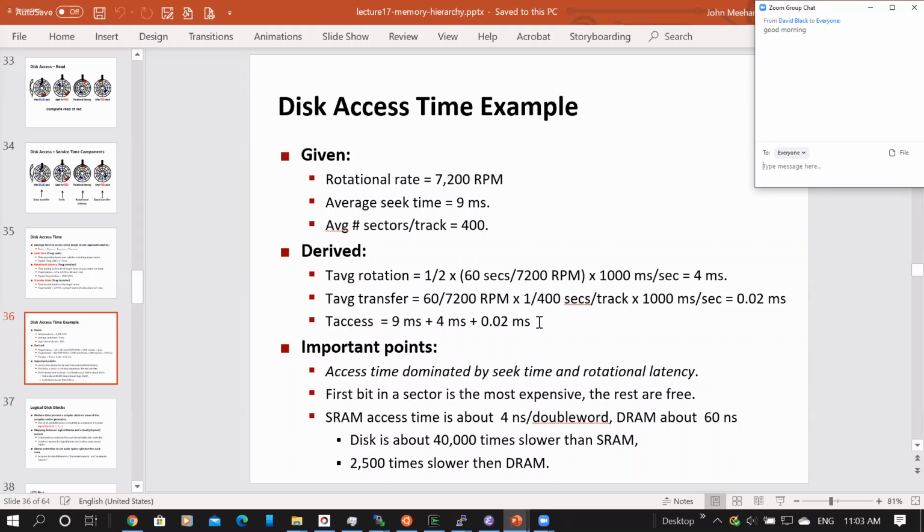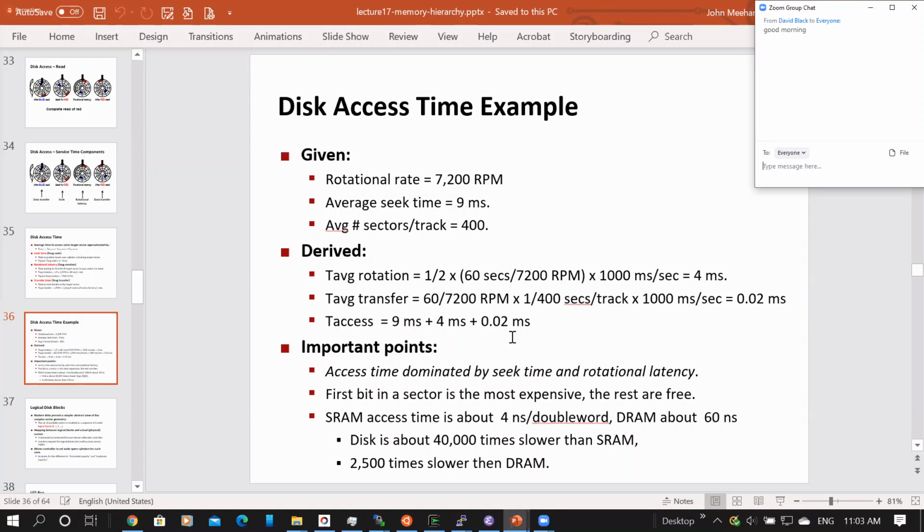So the moral of the story, of course, is that the access time is totally dominated by the first number here. The seek time is the real killer. So you get expressions like, the first bit in the sector is the most expensive, the rest are almost free, right? Once you get there and it rotates around, the transfer is not a big deal.